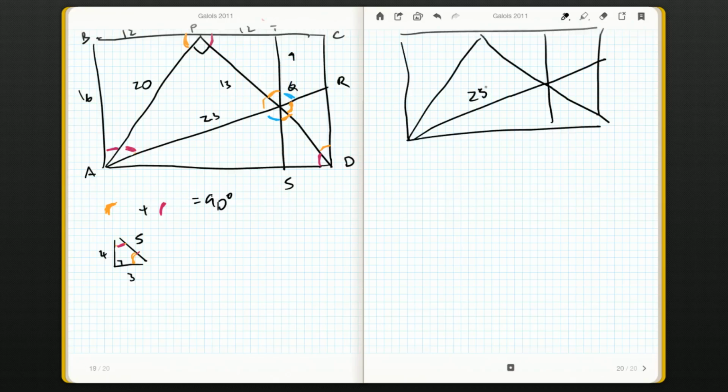So I know this length is 25. This is 7, which I don't really need. This is 24. This is 12. P, T, C, R, Q, D, S. So we know we have a right angle up there, and we have right angles here.